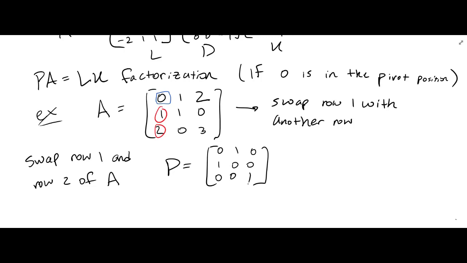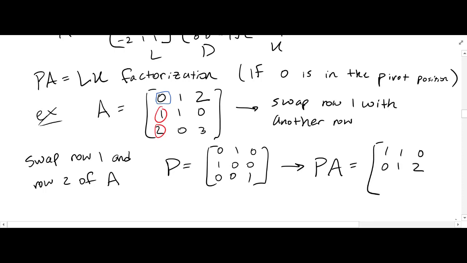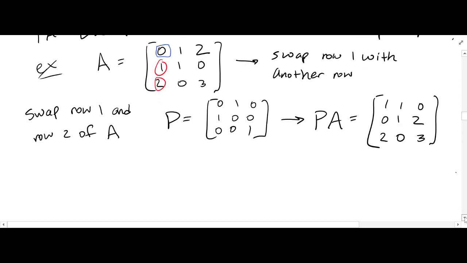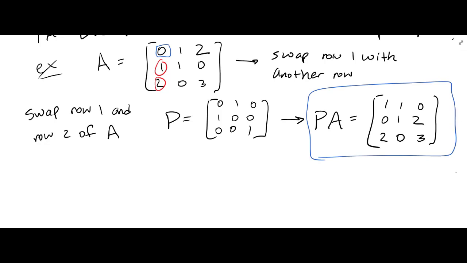What is it called? It's called a permutation matrix. So P times A, if you multiply these two matrices together, would just have the effect of swapping the first 2 rows, and you would end up with this. And so from here on, you can proceed as usual and just find the usual LU factorization of this new matrix PA, like we did before.